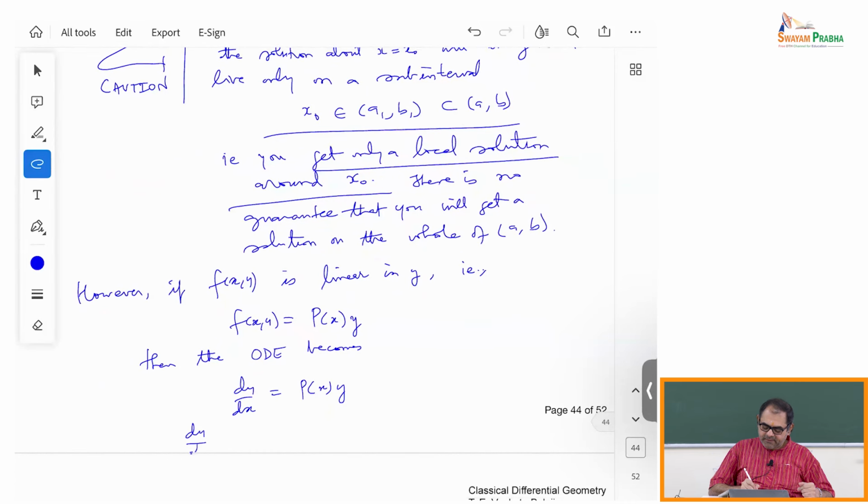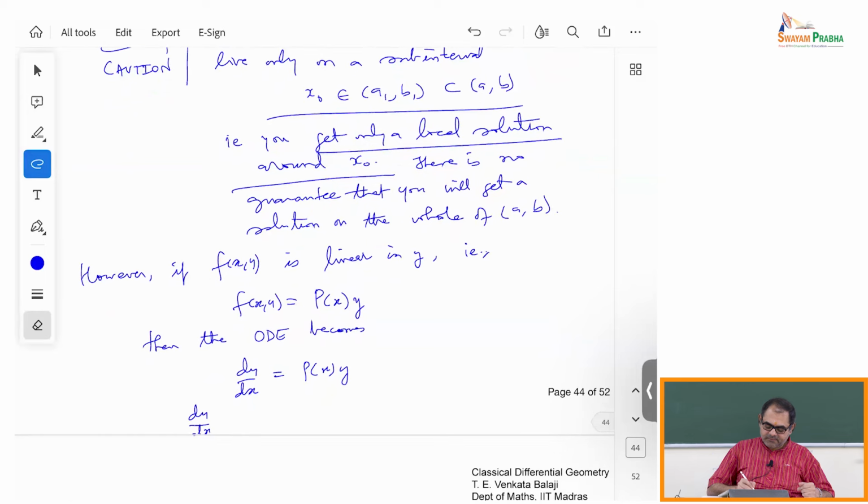Which can be easily solved using an integrating factor.